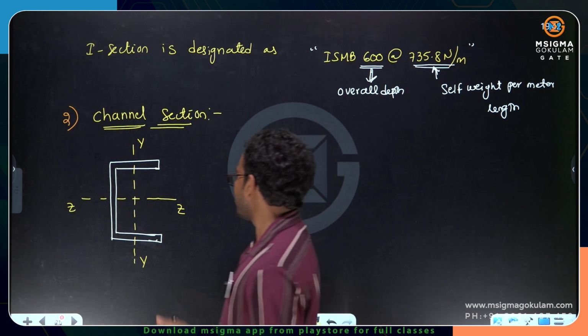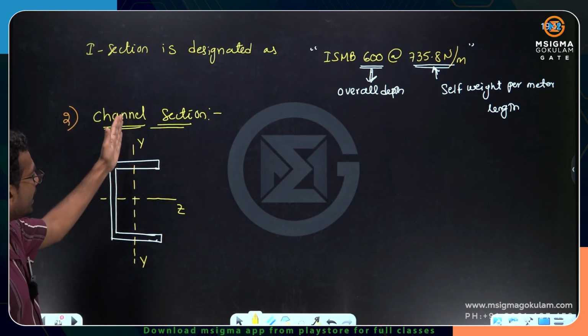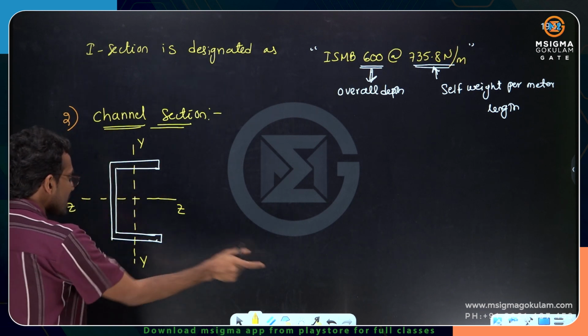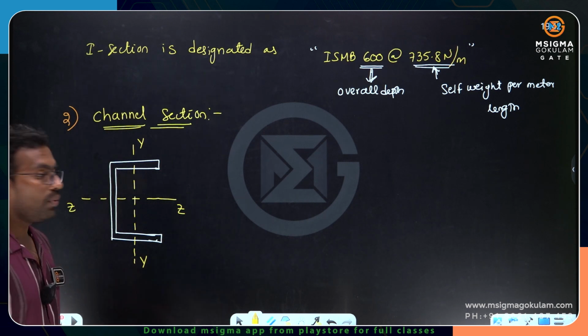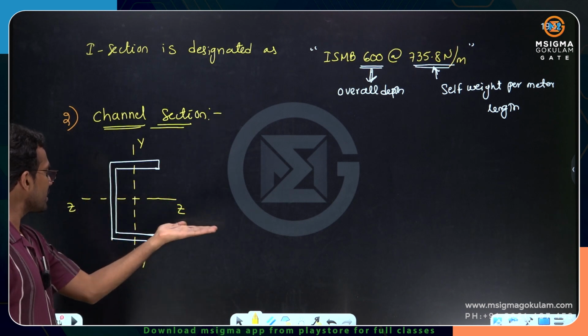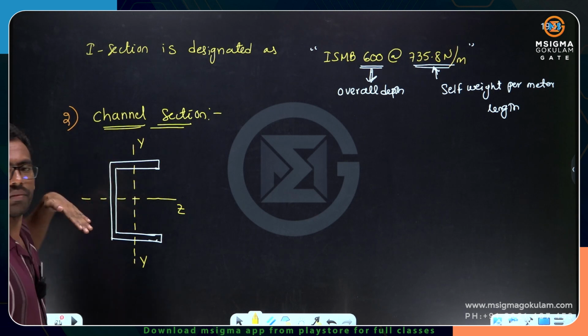Very simple. If I cut about the YY axis, you get this piece separate and these two small pieces separate. So it's not symmetrical about the YY axis. But when I cut about the ZZ axis, the upper part and lower part are mirror images of each other.